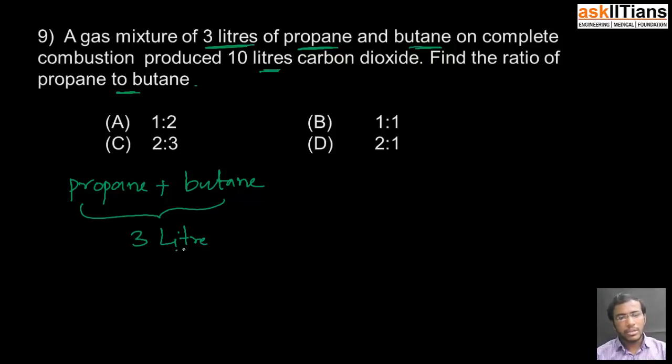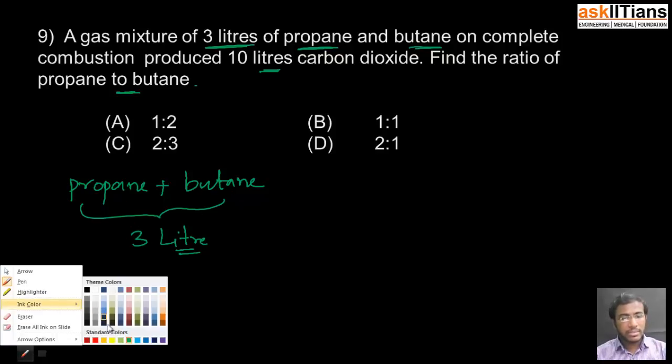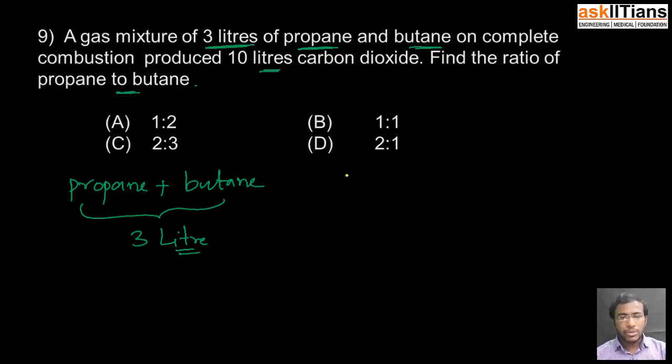On complete combustion, this mixture produced 10 liters of CO2 gas. So the total amount of CO2 produced is equal to 10 liters. Here we have to find the volume ratio, that's all: the volume of propane to the volume of butane. That's what we need to find here.